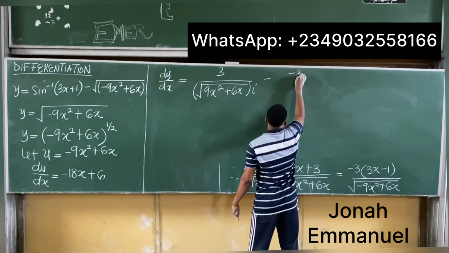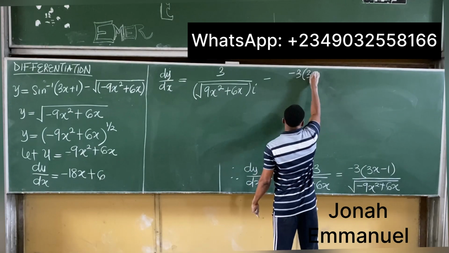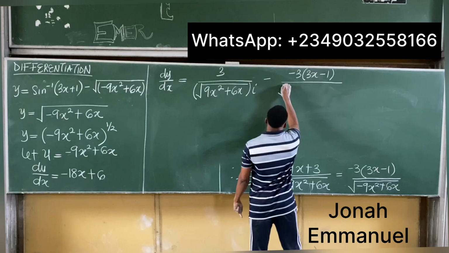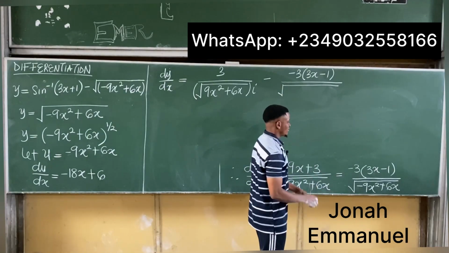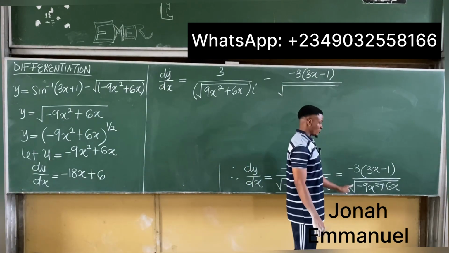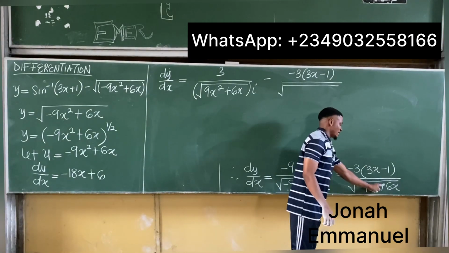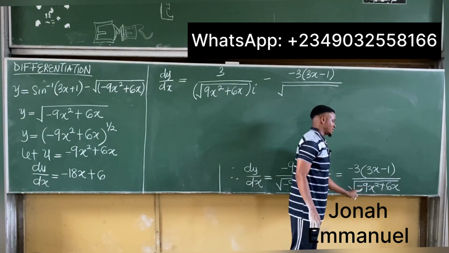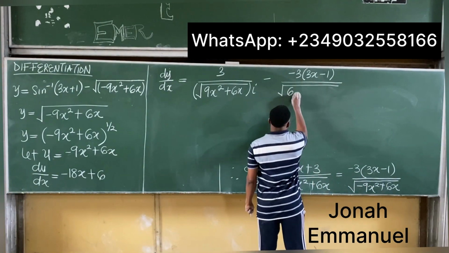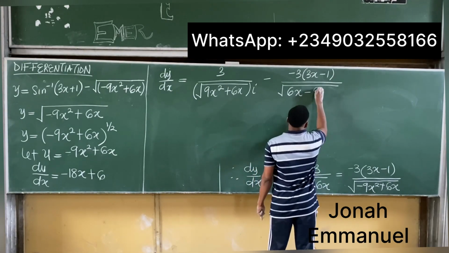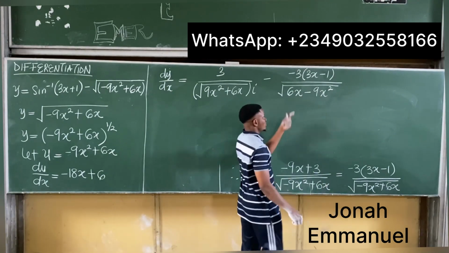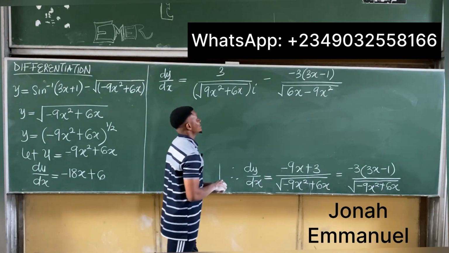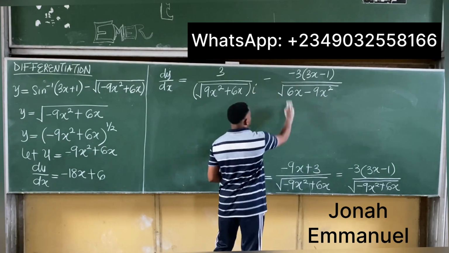That was minus 3 into 3x minus 1 all over the square root of, now again I said it's not proper taking the square root of a negative term. So for this now, I am free to rearrange this. That means I'm having the positive term before the negative term. So that would now be something that looks like 6x minus 9x squared. This looks much more proper. If this is true, my final answer will now be, minus minus gives you plus.